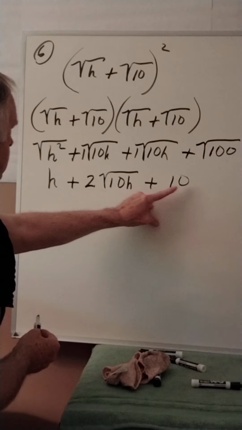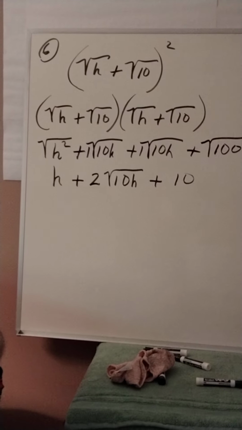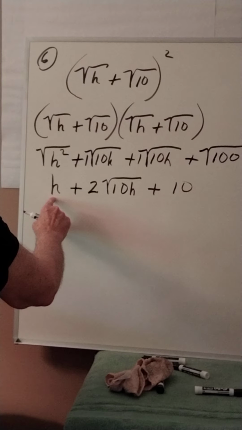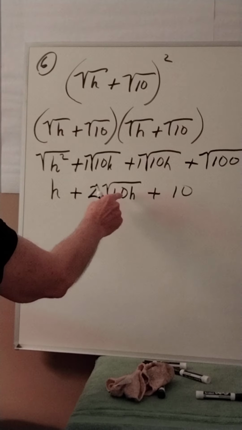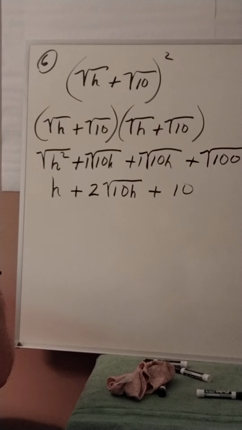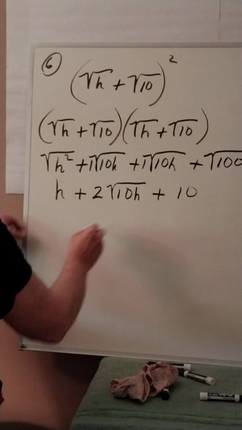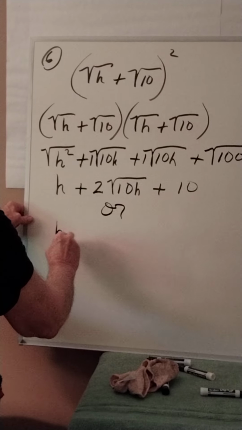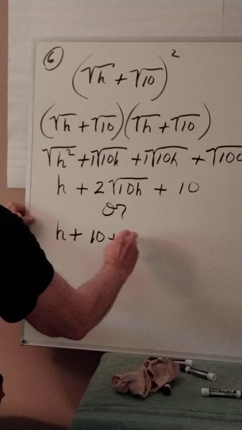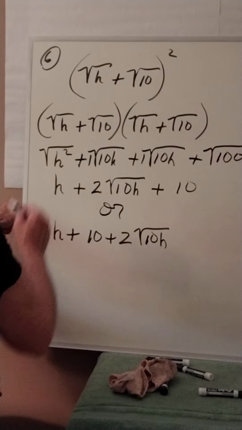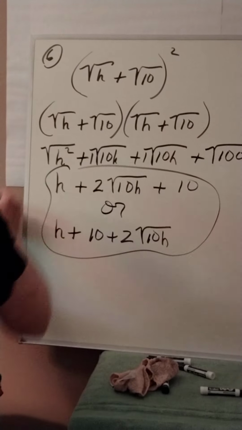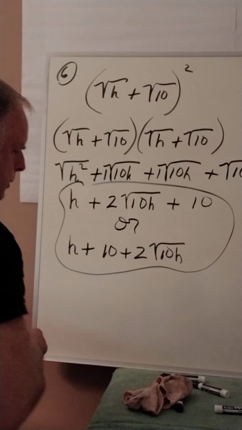You can just leave it in this way if you want to. You can't combine the h with the 10. You can't combine those two because he's a radical and he's not. You can leave it that way. If you want to put h plus 10 plus 2 root 10h, that's fine as well. That's commutative. Either one of them, take it to the bank. That's done.